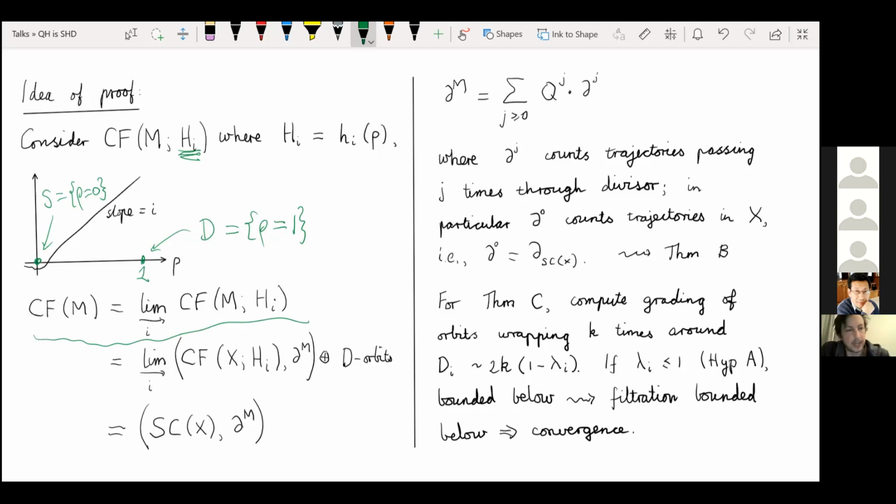You're just taking a direct limit over a bunch of complexes which all compute the same cohomology.